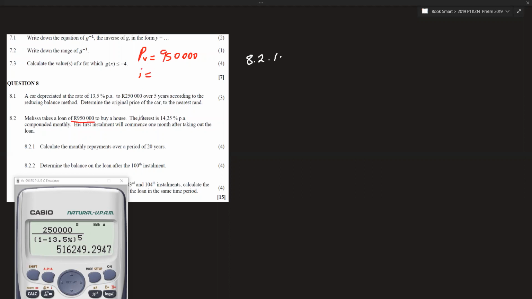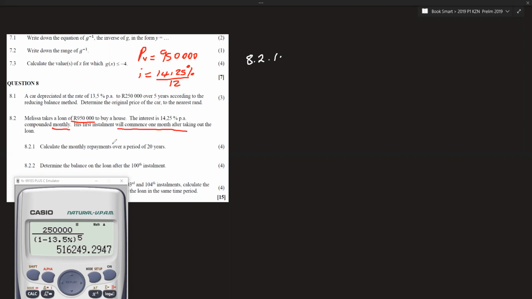So that part is fine. Now we are here. The interest is 14.25% per annum compounded monthly. Remember, there are 12 months in a year, so we have to divide the interest by 12. And then his monthly installment will commence 1 month after taking the loan.